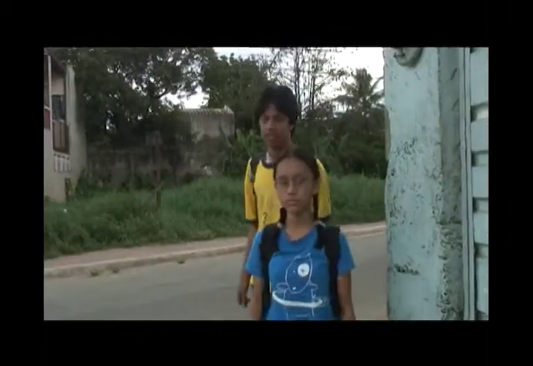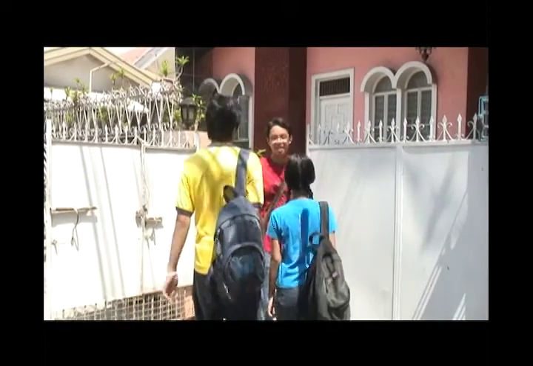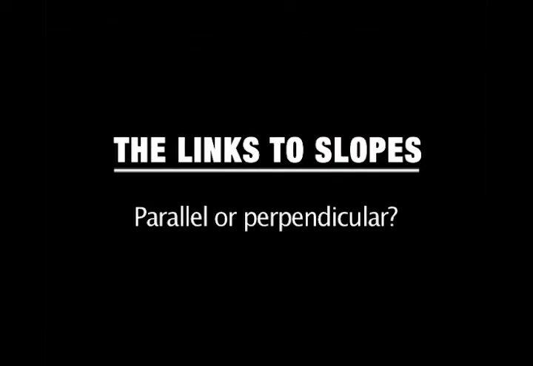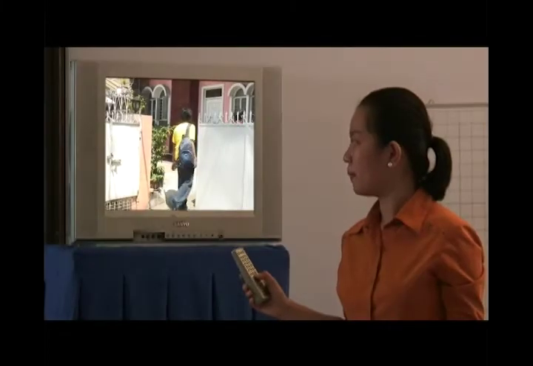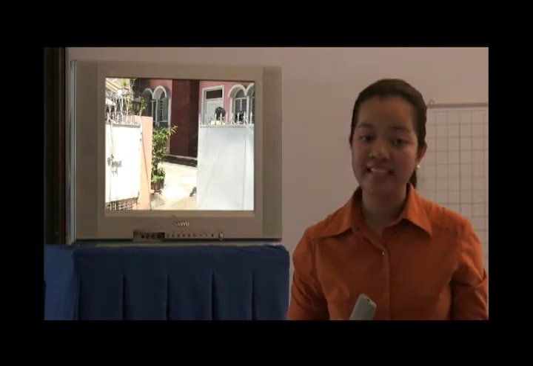It is perpendicular to this road we're walking on. So this road must be parallel to the main. Hey guys, over here! Hey, have you guys seen music? Apparently, the two had the same idea.